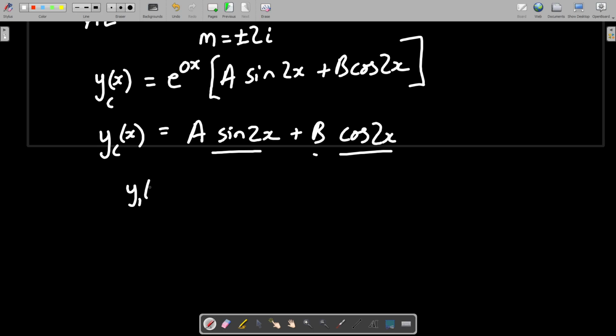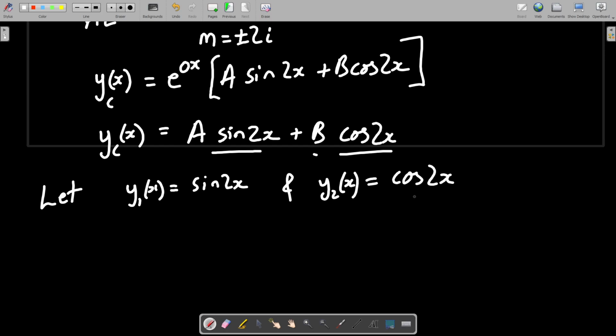To start with, y1 of x and y2 of x. So what will be y1 prime of x? This will become 2 cos 2x.